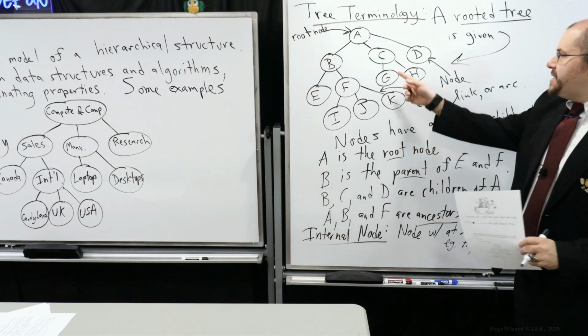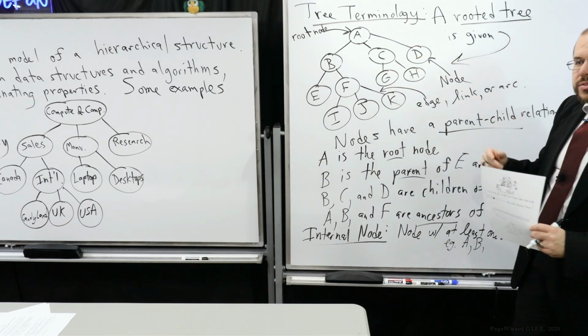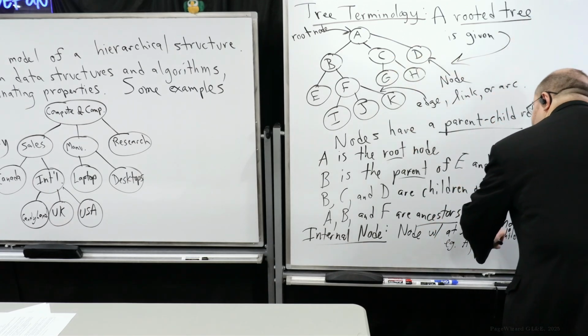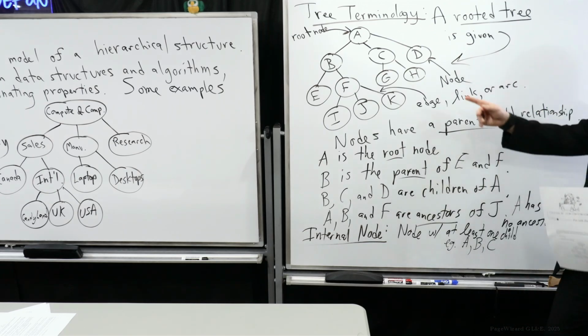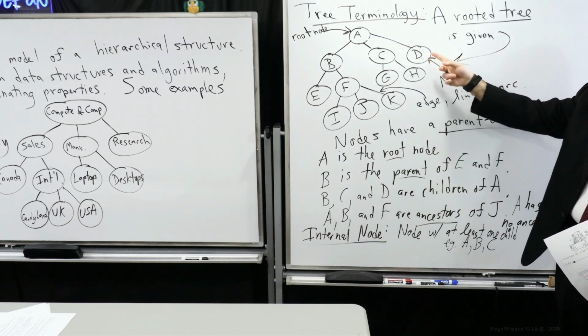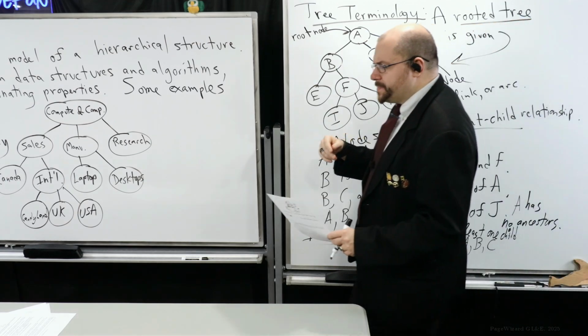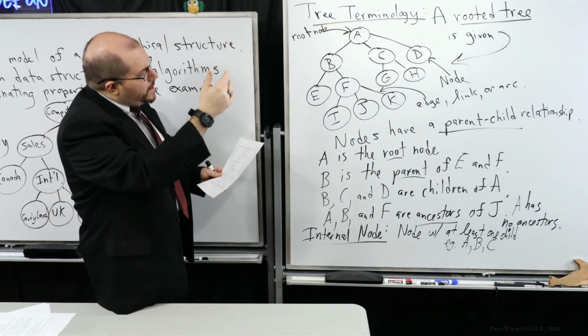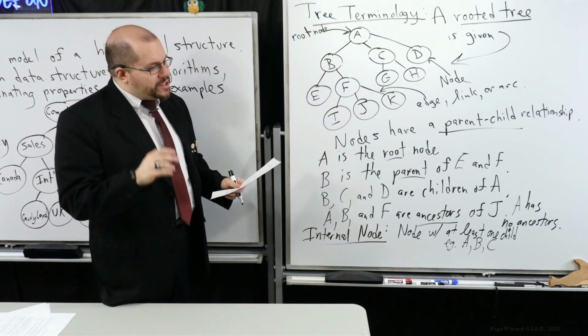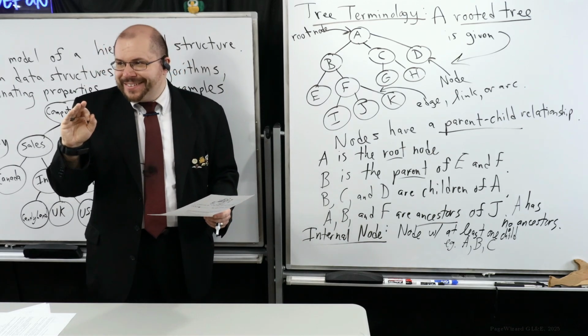How about C? C has 2 children, so C most certainly is internal. How about D? Is D an internal node? It doesn't look like it. It has no children. We'll have a special name for these in a moment.